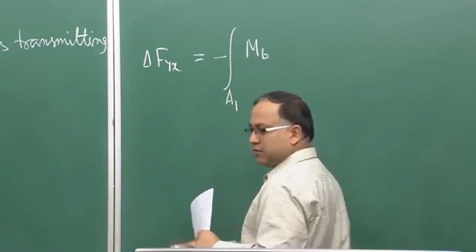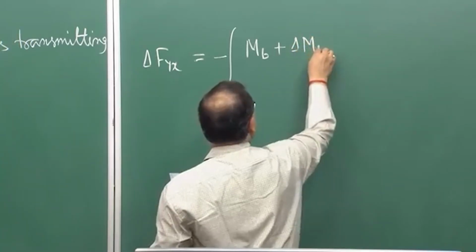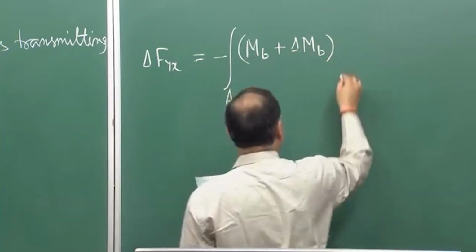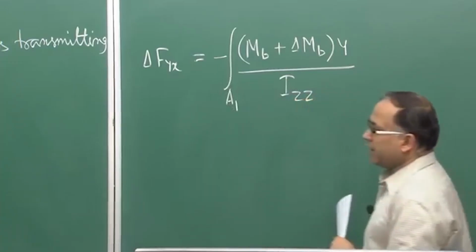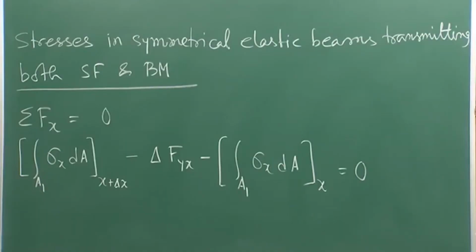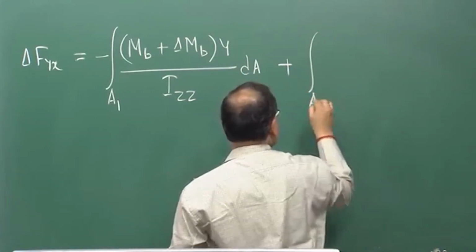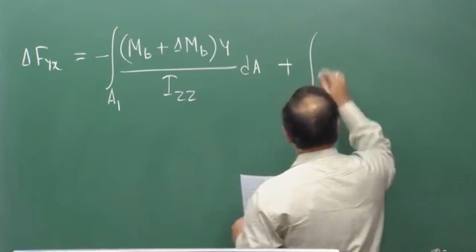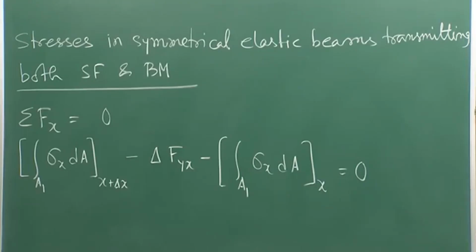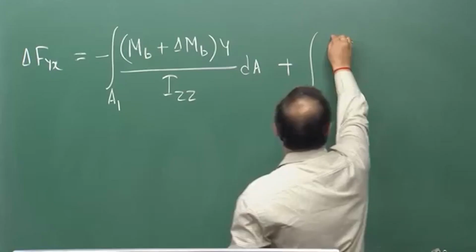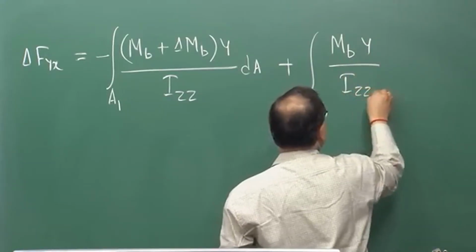So, delta Mb y by I zz is the value of sigma x at x plus delta x, into dA, plus integration over the area A1, and the bending moment acting at the section x distance apart is simply Mb, so Mb y by I zz into dA.